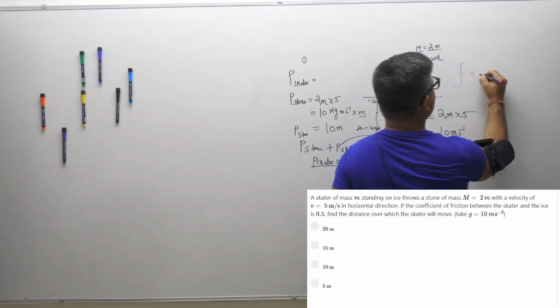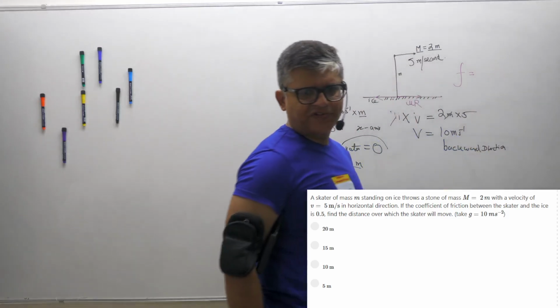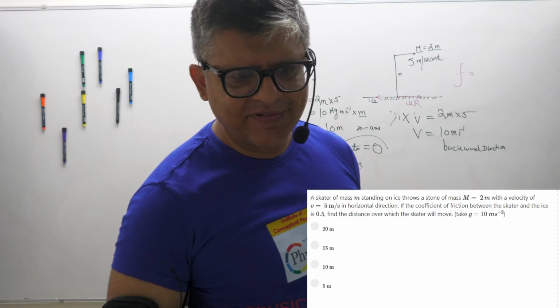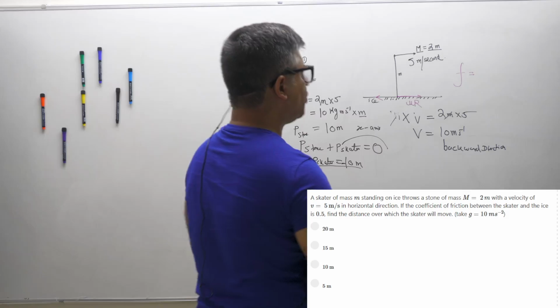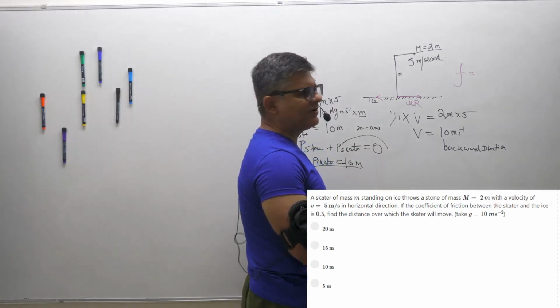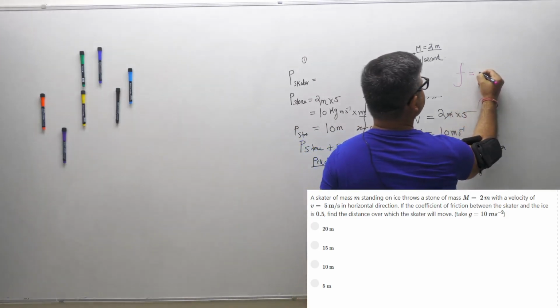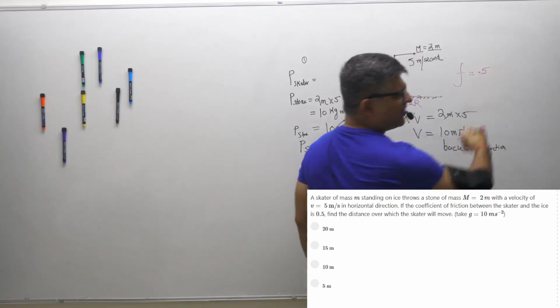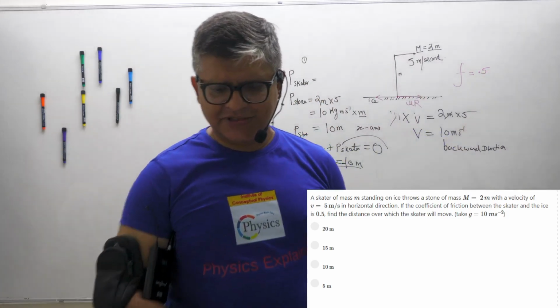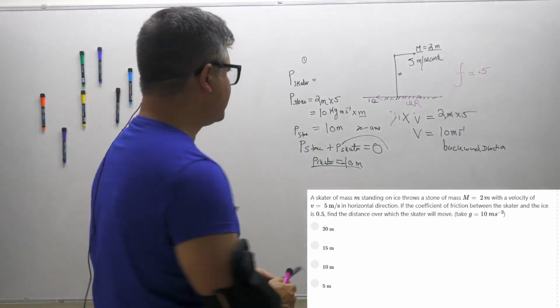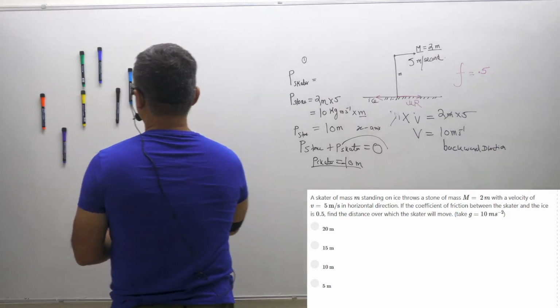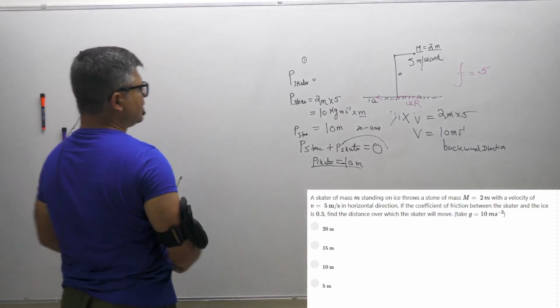So mu is the coefficient of friction which is given in the question, equal to 0.5, right? So your mu is given to be 0.5, right? So let's use this to find the value of the distance by which you will move. All right. So let's look into it.